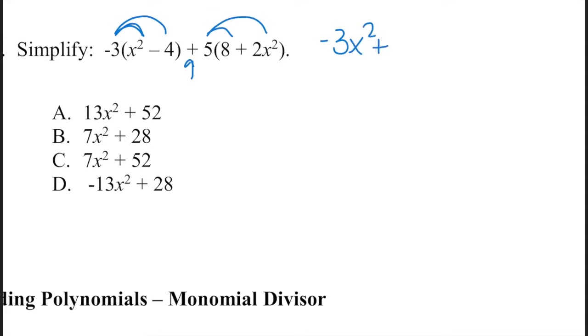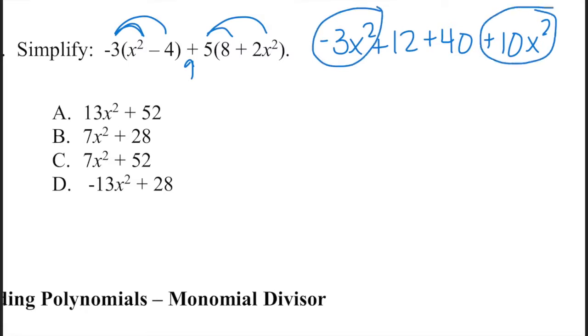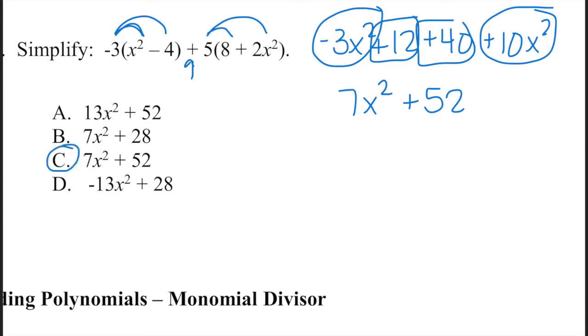Negative 3 times negative 4 is plus 12. 5 times 8 is 40. 5 times 2x squared, 10x squared. Combine your like terms. We have no x's. All right, 7x squared plus 52 looks like C is our answer.